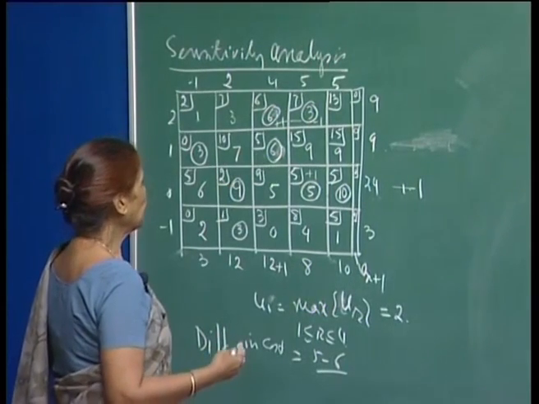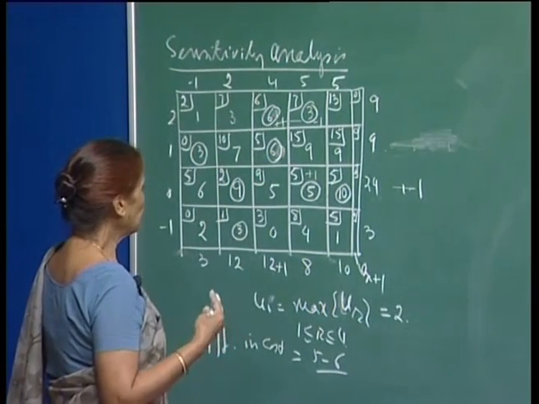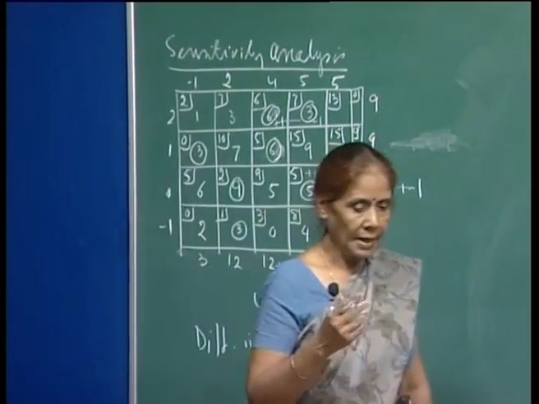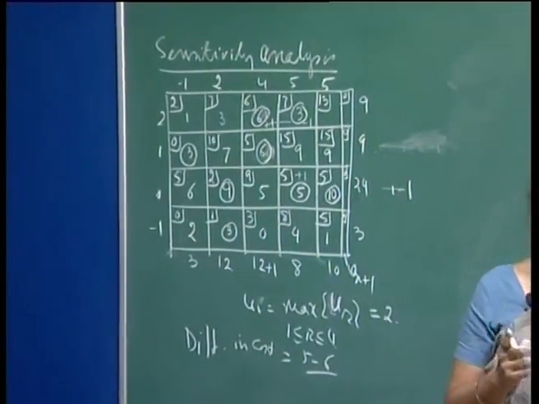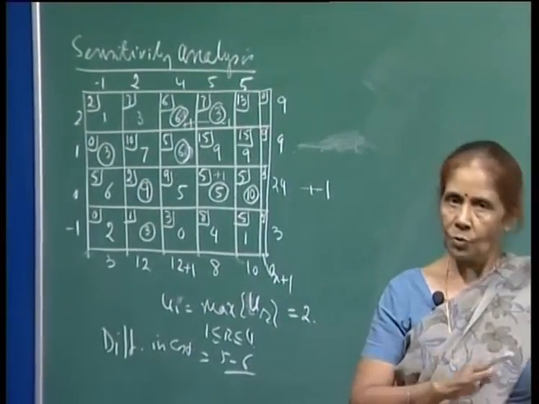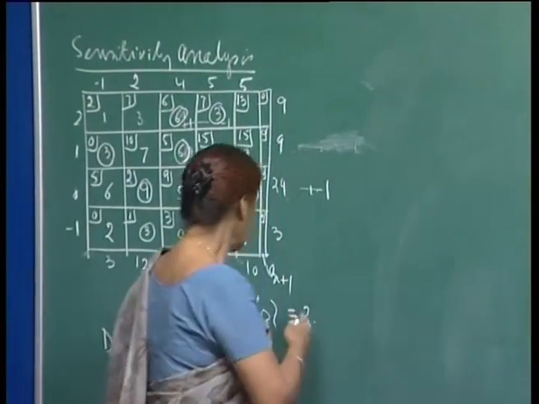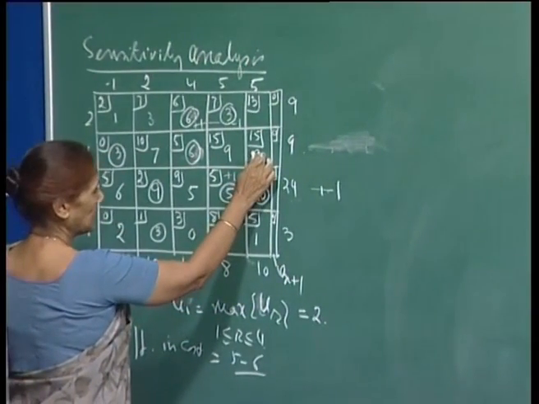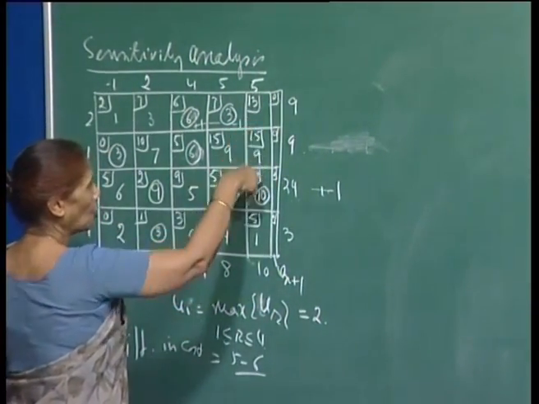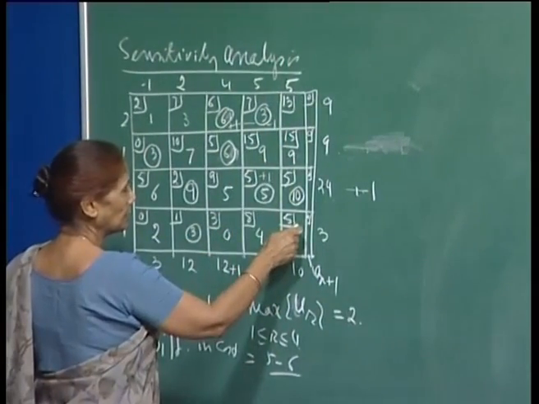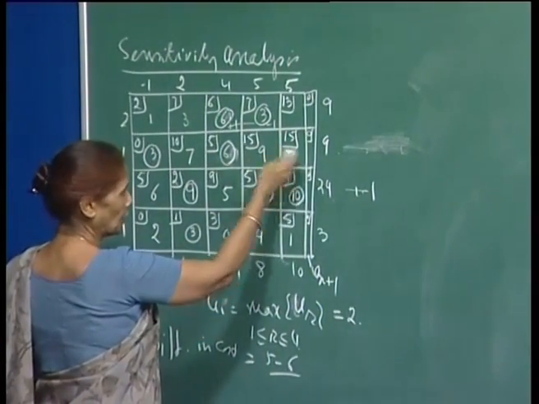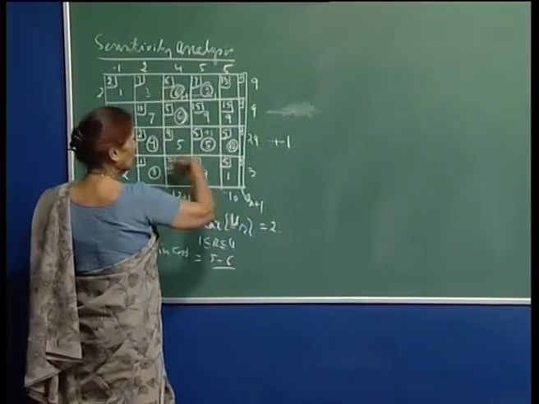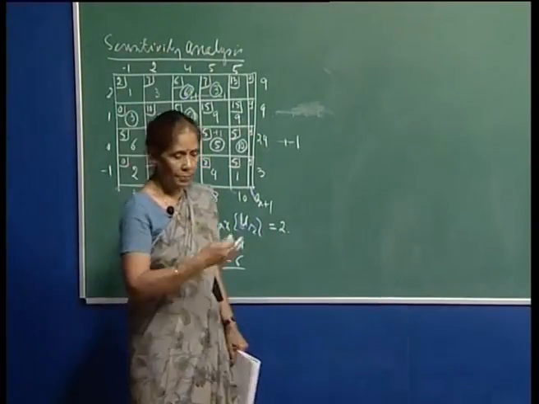This is a comment I wanted to make: I defined for you a set of basic cells, and what we want to say is that at least one basic cell will always be present in every row and column of the whole array, which you can see by connectivity. If I take any non-basic cell in a column, and there is no basic cell present in that column or in that row, then I cannot find a path from that non-basic cell to connect it to the basic cells.